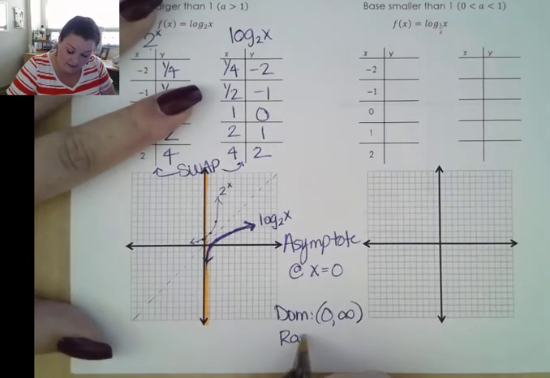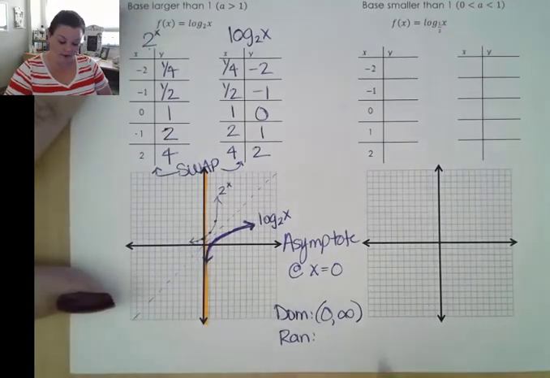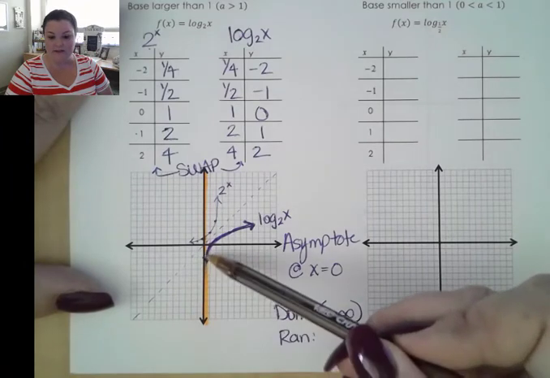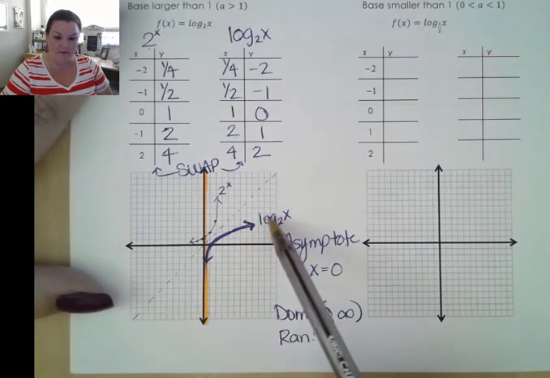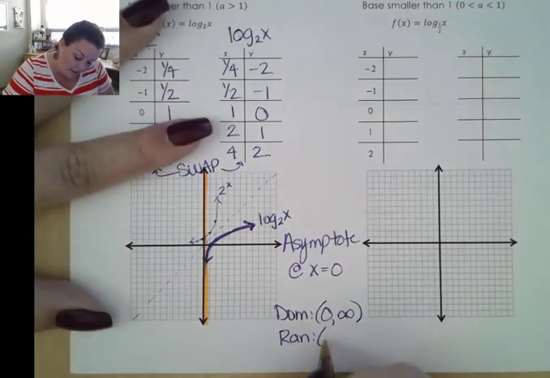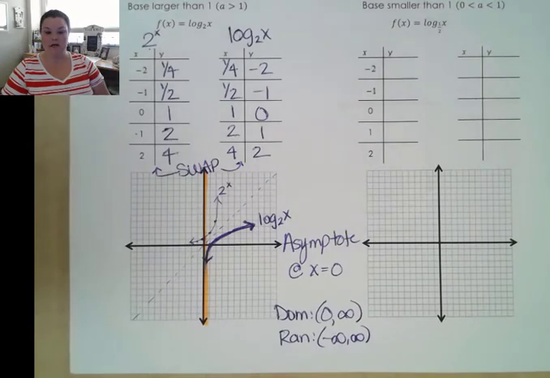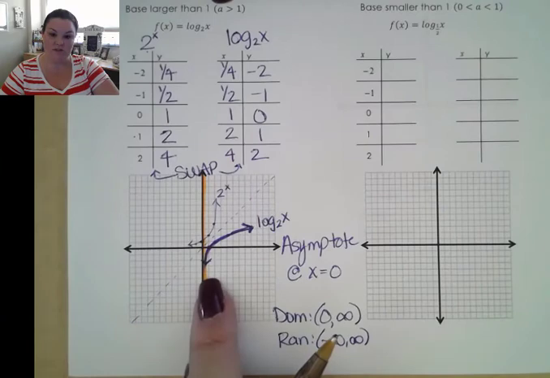But our range, which was our original x values, now has no bound, because this is going to keep going down and down, getting infinitely close to 0, but still going down. This side's going to keep going up and up, so our range now has no bounds.